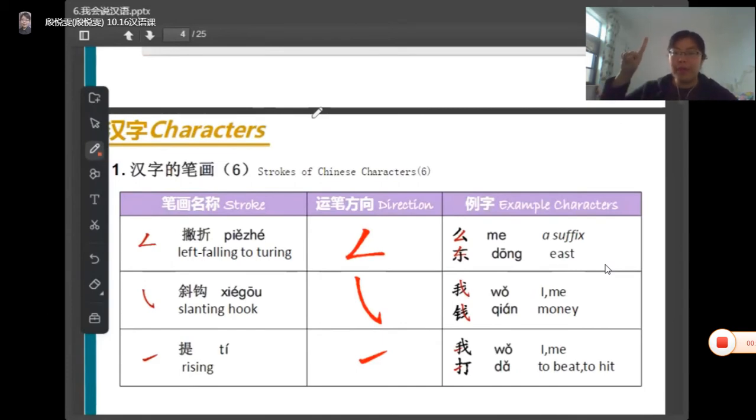Please show me your finger and we write together. 撇 first and then 折. 撇折, just one stroke to finish it.